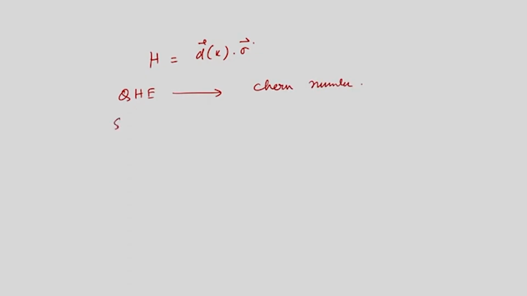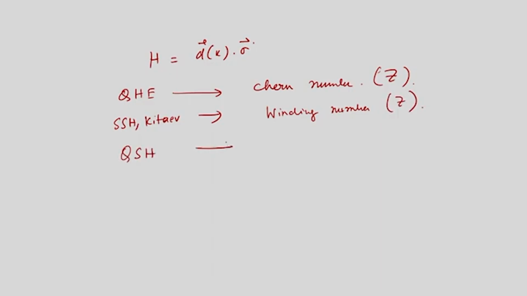For example, SSH, Kitaev, let's just stick to spinless particles at this moment. So we have done this Z invariant, then these are winding numbers which are also Z invariant, and then we have done a quantum spin Hall phase which is actually the Z2 invariant.